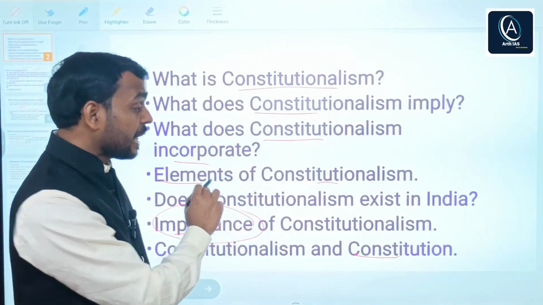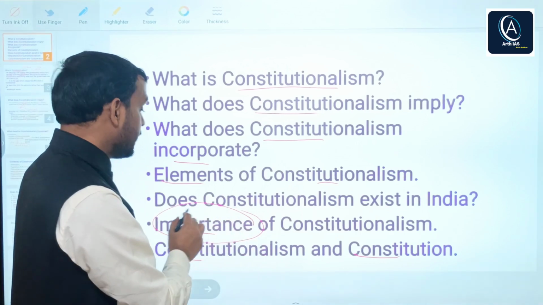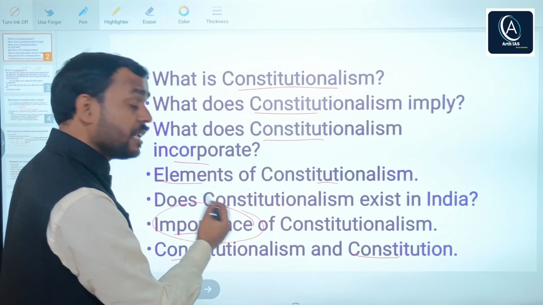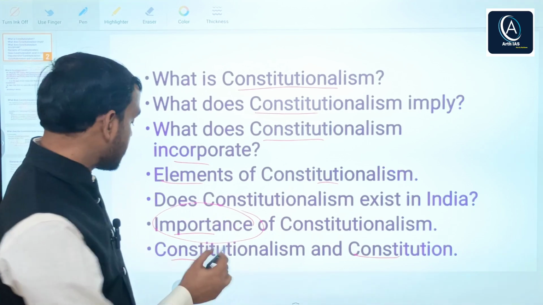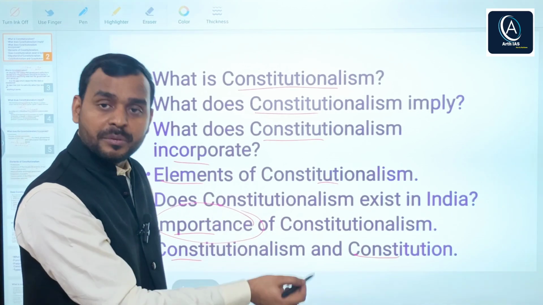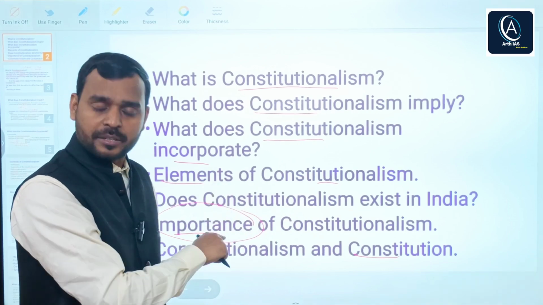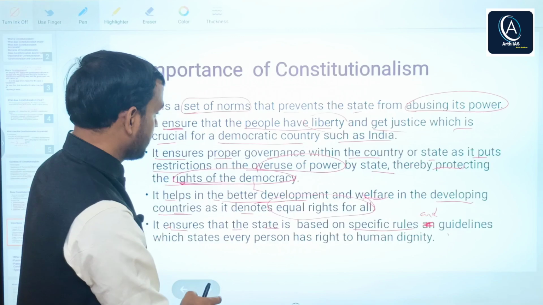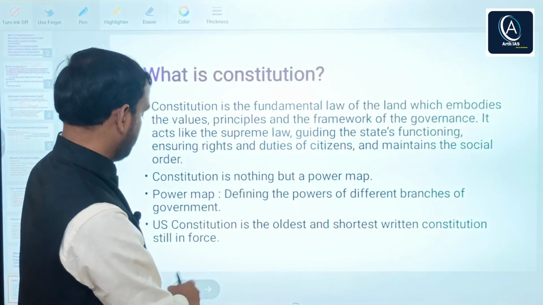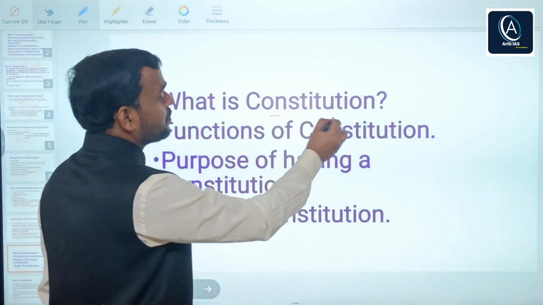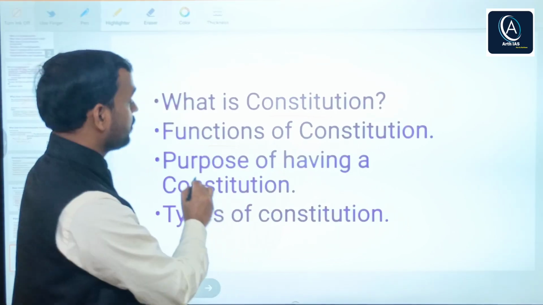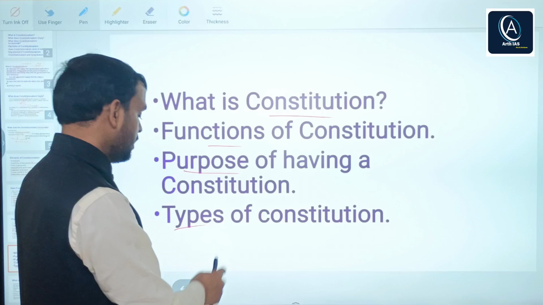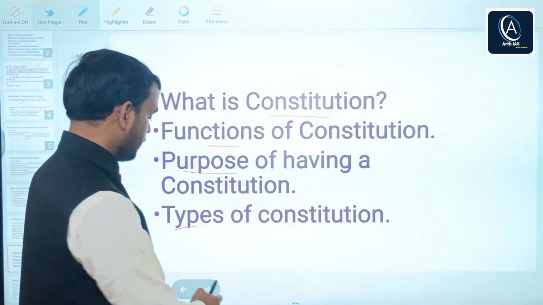Again, we saw elements of constitutionalism, then whether constitutionalism exists in India or not, the importance of constitutionalism, and lastly we will compare constitutionalism and constitution. Now see what is constitution. Here we will see what is constitution, functions of constitution, purpose, and types. So first see what is constitution.